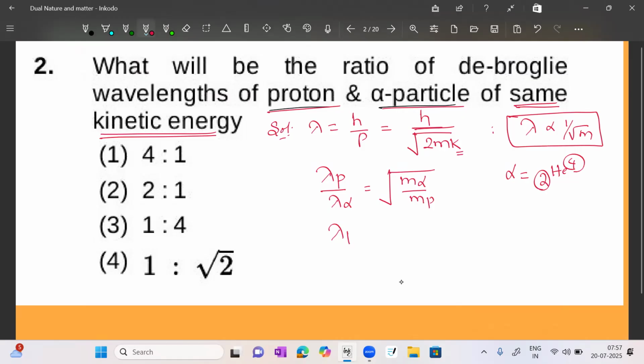Lambda proton by lambda alpha equals the square root of mass of alpha by mass of proton. The alpha mass is 4 times the proton mass m, so it becomes 2:1. So the answer is 2:1. Whenever kinetic energy is constant, we have to focus on this particular formula. Okay. Next.